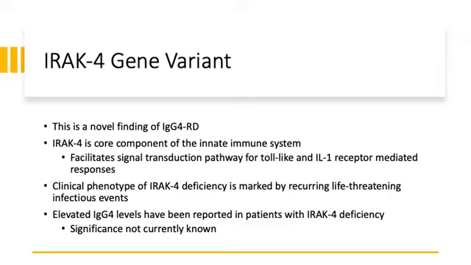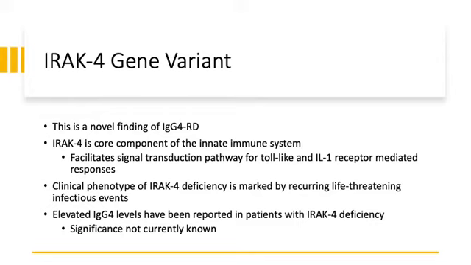IRAK4 is a core component of the innate immune system, and it facilitates the signal transduction for toll-like and interleukin-1 receptor-mediated responses. The clinical presentation of this gene deficiency is marked by the recurrence of life-threatening infectious events, which include meningitis, abscesses, and sepsis, all of which were seen over the clinical course of this patient.